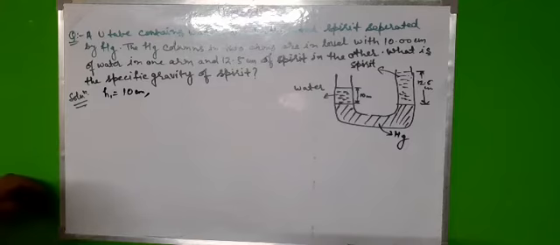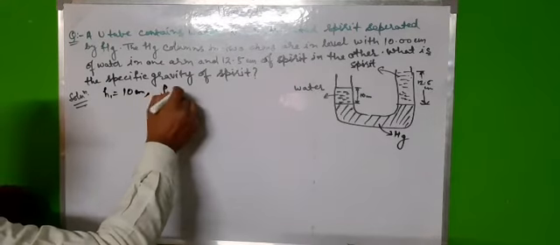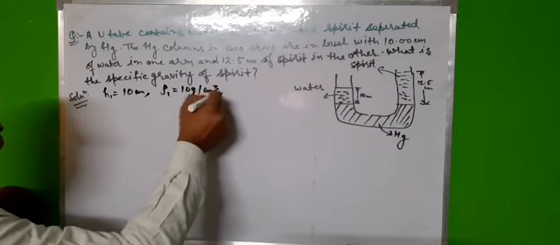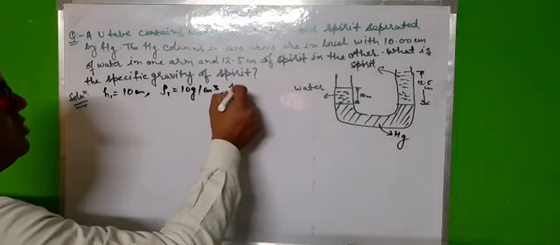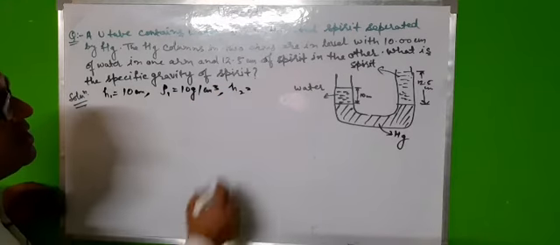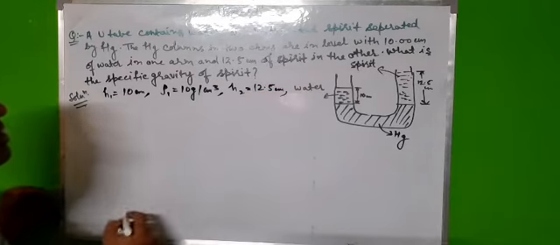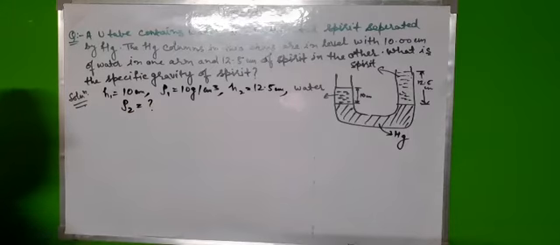Now the density ρ1 is equal to 1 gram per centimeter cube, the density of water, it is given. Height of the spirit, h2, is given, that is equal to 12.5 centimeter, and we have to find the value of ρ2.